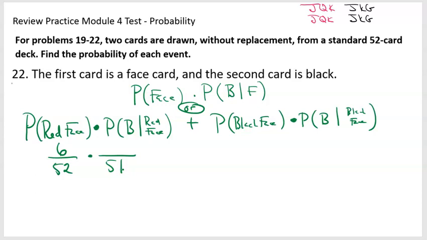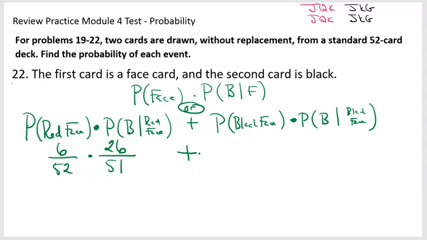And now we want a black card. How many black cards are in the deck? 26, right? Did we pull one of them out to start with? Nope. We pulled out a red face card. So that's going to be times 26 over 51. You with me? Okay, plus, because of our or.